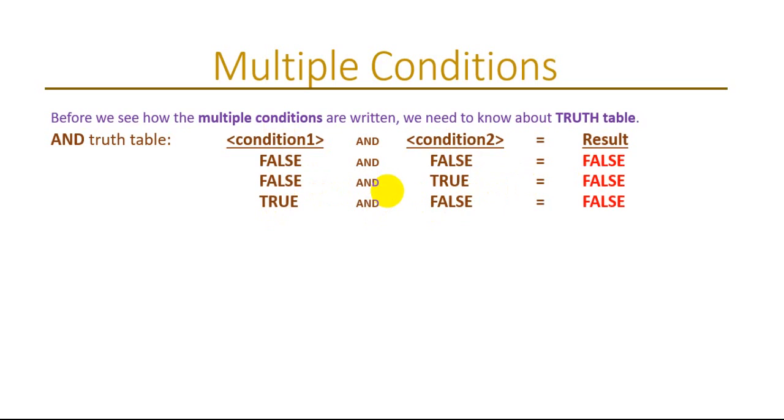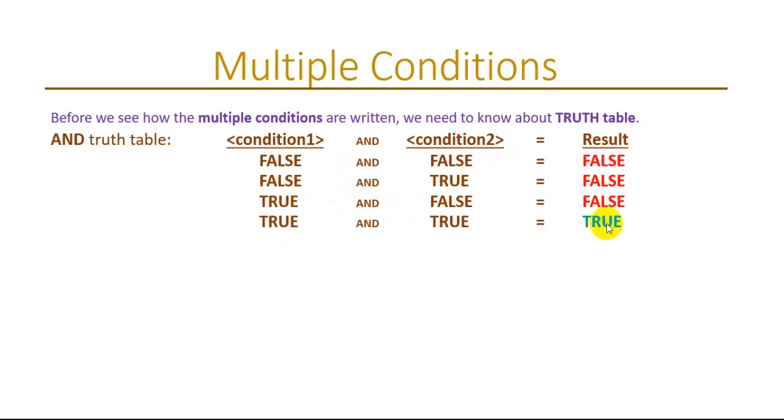That also results in false. So as you can see, false and false is false, false and true is false, true and false is false. The only time it becomes true is when condition 1 is true and condition 2 is also true. If the two are true, you combine them using AND, the result is true.